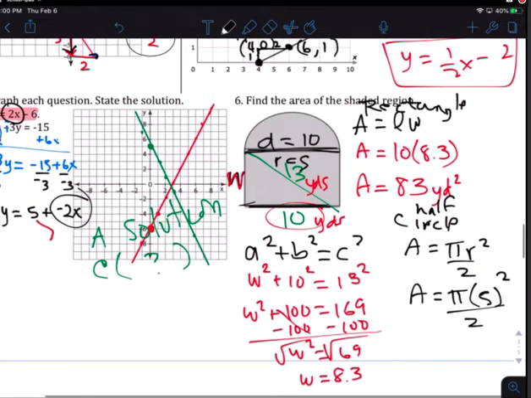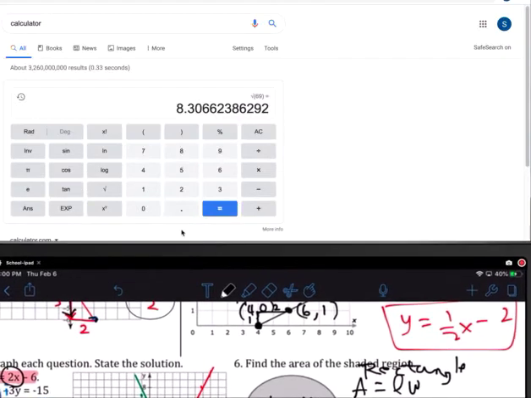Put that in your calculator. If you don't have a pi, make sure you use 3.14. Mine does. Pi times 5. It doesn't have a square, so I put 5 squared as 5 times 5. And then get that answer, divided by 2. 39.2, and that's a 6 after it, so 39.3 goes up 1.